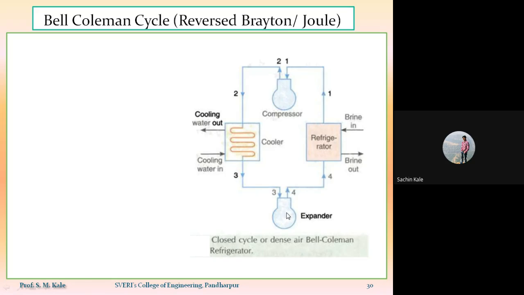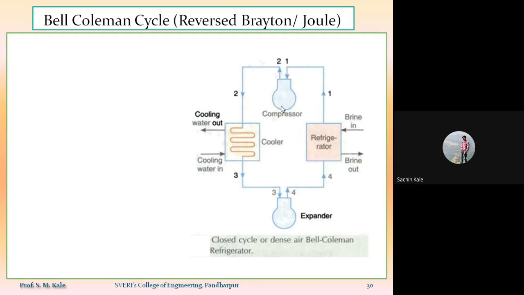Inside the expander, isentropic expansion takes place, and after that the same air will be supplied to the refrigerator, also called the evaporator. Inside it, heat absorption takes place at constant pressure, and the air coming out of the refrigerator will be fed again to the compressor, and the process will continue.